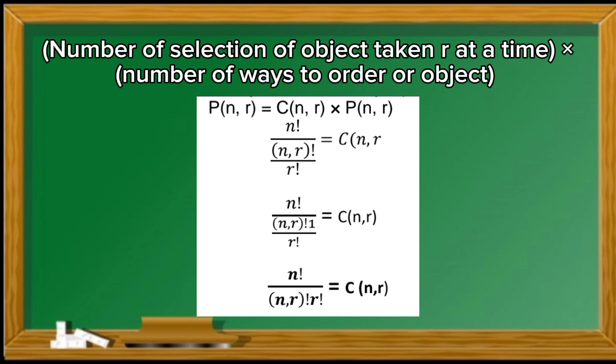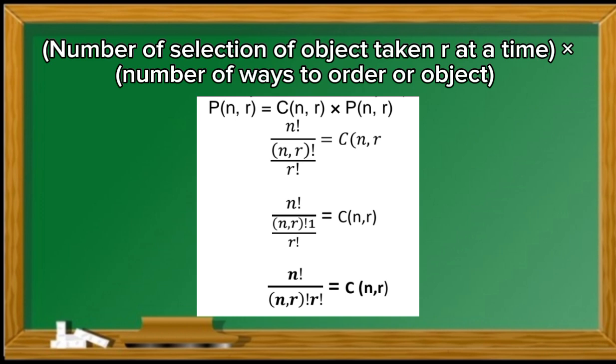So it becomes P(N,R) over P(R,R) equals C(N,R), or combination of N and R. That's why the result of this is N factorial over N minus R factorial over R factorial, which becomes C(N,R).